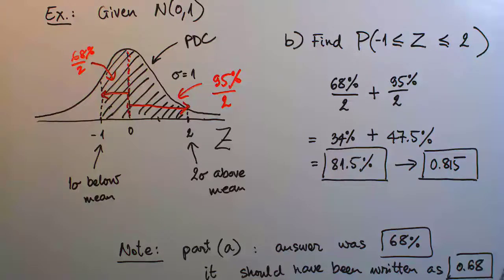But admittedly, either way of the answers here are not wrong. It's just when we're formally working on the bell curve here, and like I said, a bigger majority of professors and statisticians prefer to write the answer in decimal.